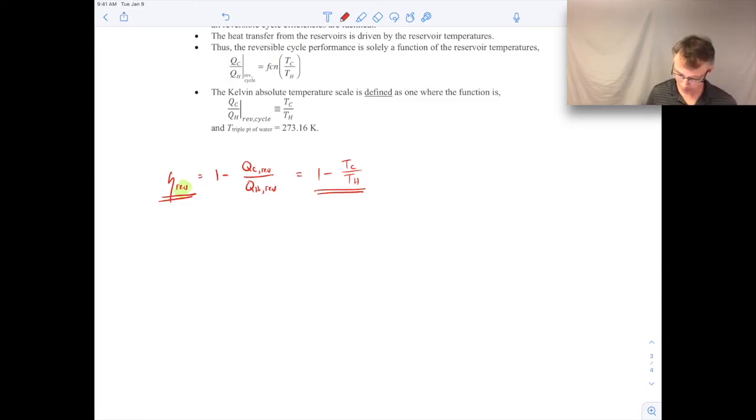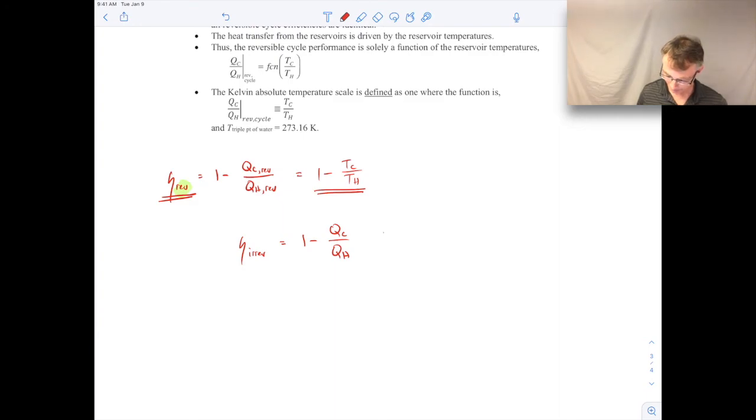Now, one thing I want to emphasize again is that the thermal efficiency for an irreversible system, you can still calculate it using 1 minus QC over QH, but notice I'm not writing the subscript reversible. You can still calculate the thermal efficiency using 1 minus QC over QH, whether it's reversible or irreversible.